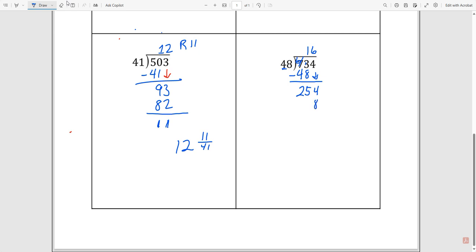We'll carry the 4. And 6 times 4 is 24. 24 plus 4 is 28. And I get 288. Uh-oh, wait a minute. But we said 25 divided by 4 was 6. And that's true. But again, we're not just doing 4 and 25. This is 254 divided by 48. And so that 6 is too much.